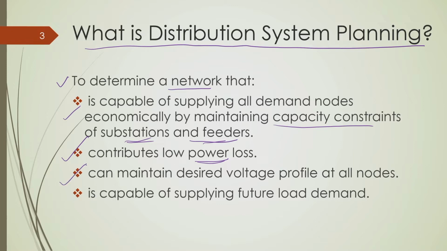Also, this network should maintain the desired voltage profile at all the nodes getting supply through these networks, and it should also be capable of supplying future load demand. Keeping all these features in mind, we should formulate an approach which provides a network structure or network topology which will have these properties.